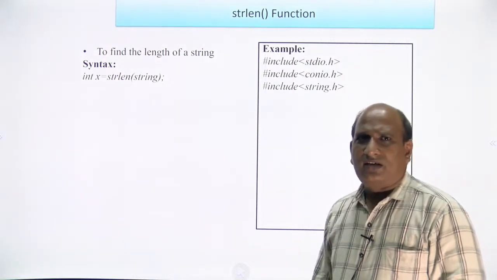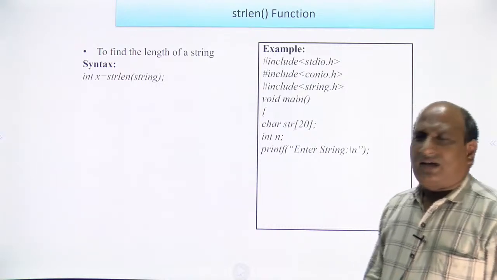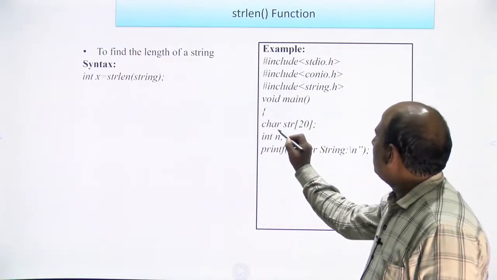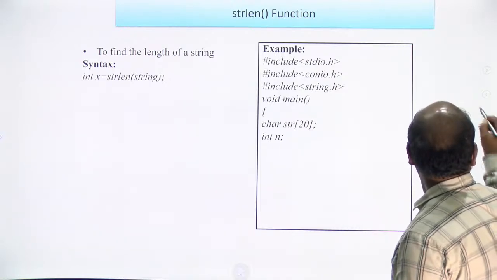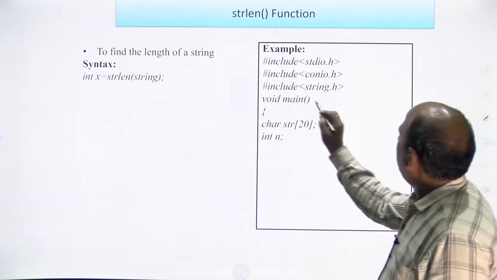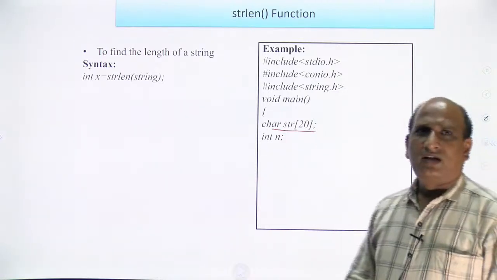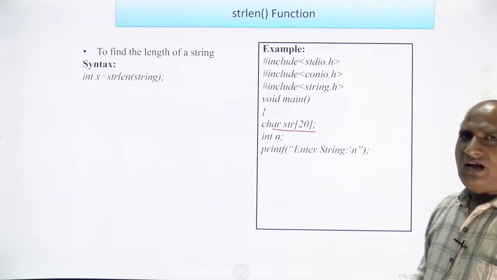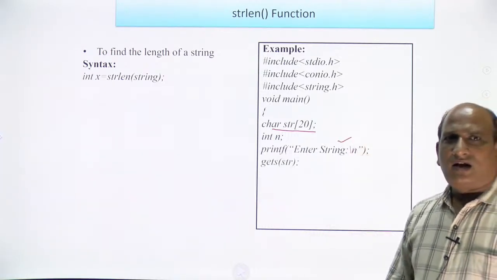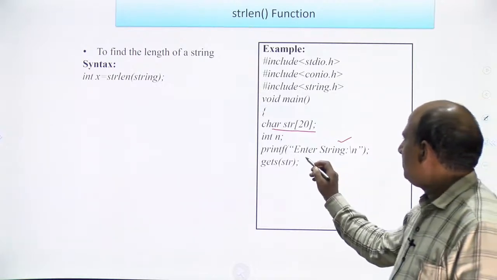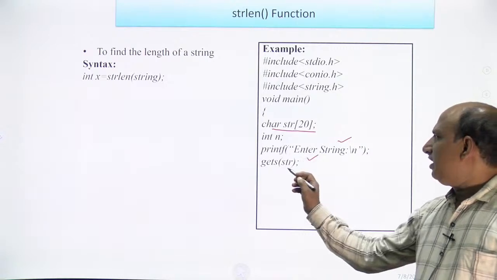I have written a program here where I have declared a character type array. Here I have written a message, enter a string, and that string is taken as input by the gets function in this array str.